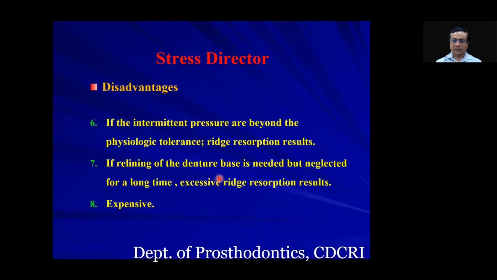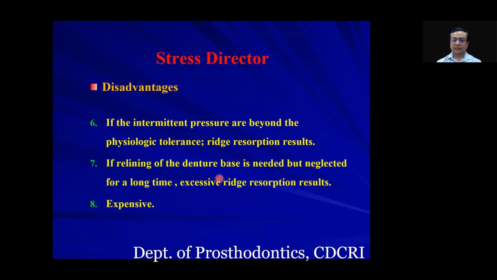And what does the stress director do? It breaks the transfer of stresses to the abutment tooth and transfers all the stresses to the alveolar bone. So it is not transferring stresses to the tooth, but to the alveolar bone.